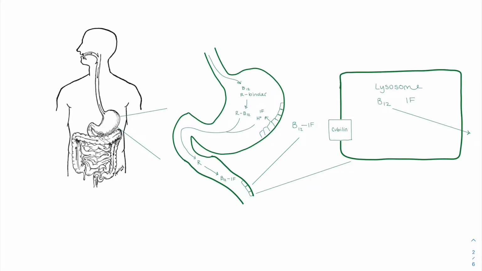While I'm on this topic of the stomach, this is an acidic environment. The reason that B12 is able to move along is because of that acidic environment and its ability to bind to the R binder.